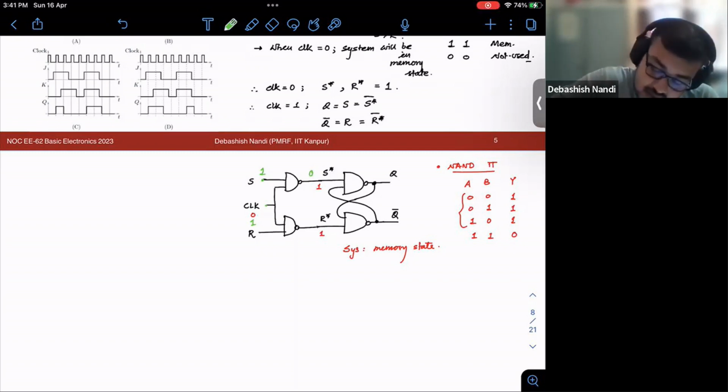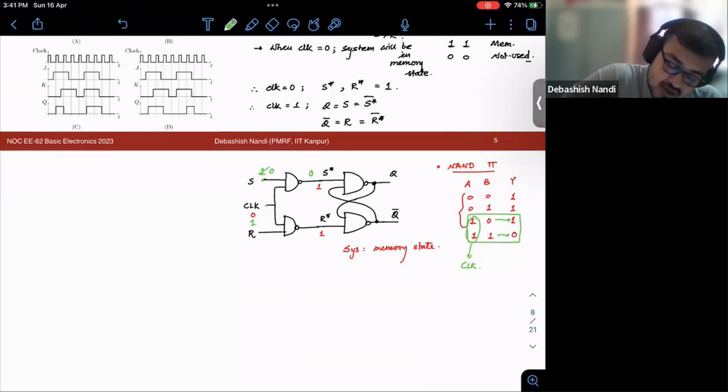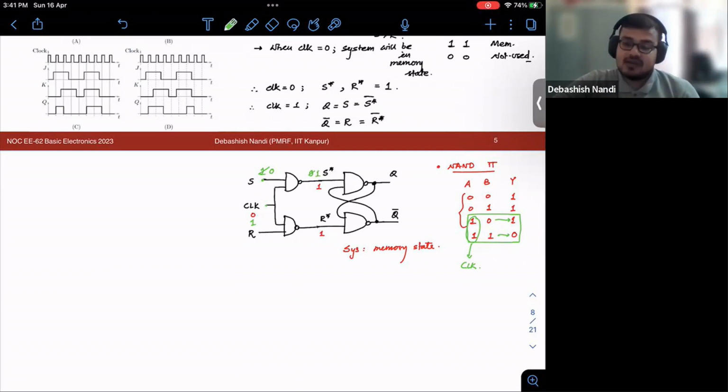So if your input is 1, output is just the invert of that, and if it is 0, it will be 1.